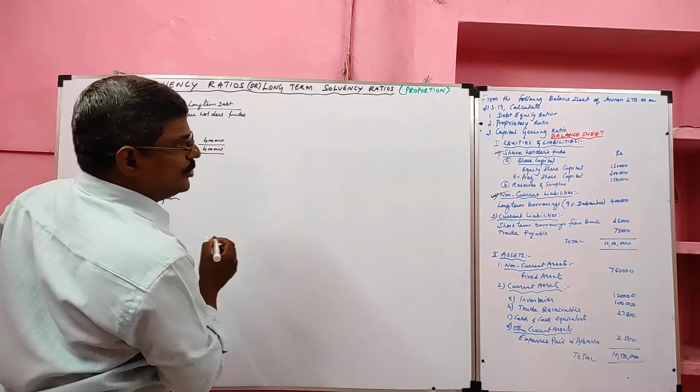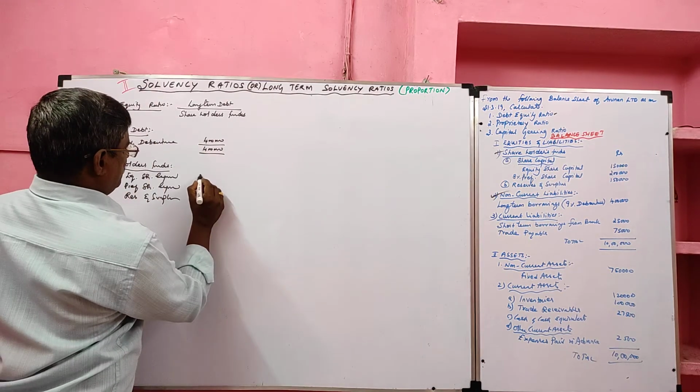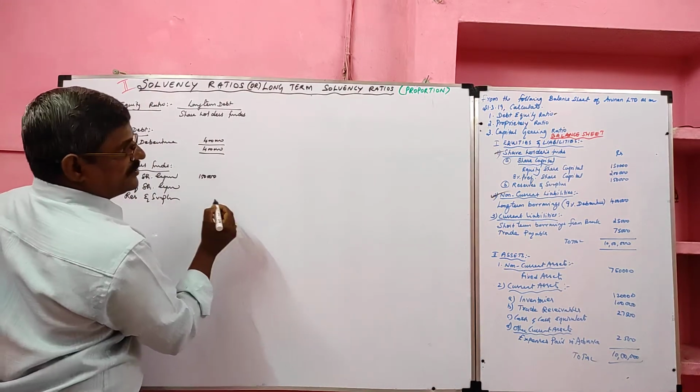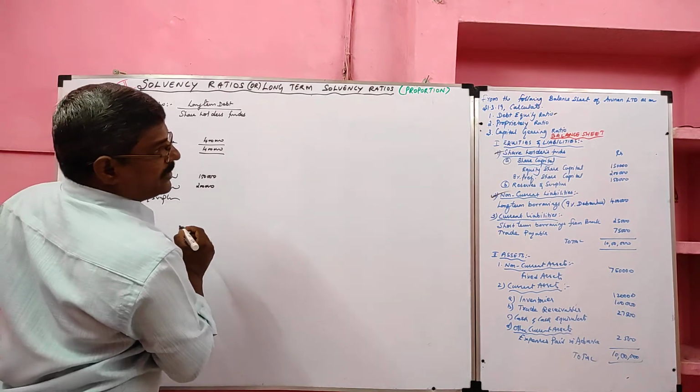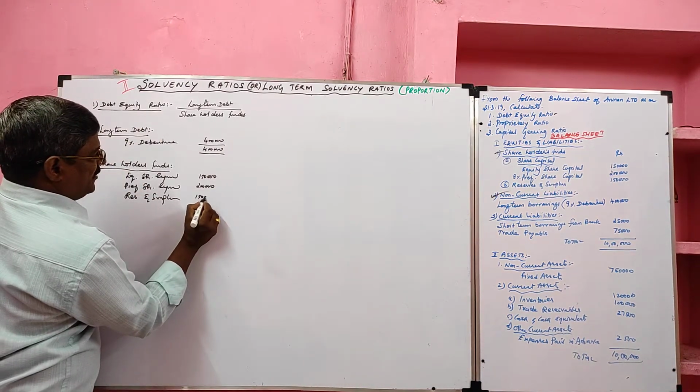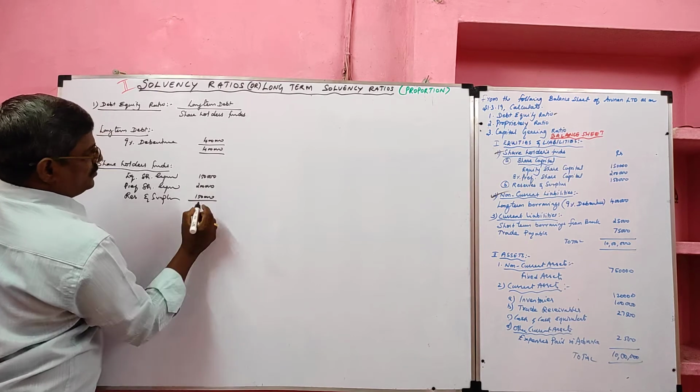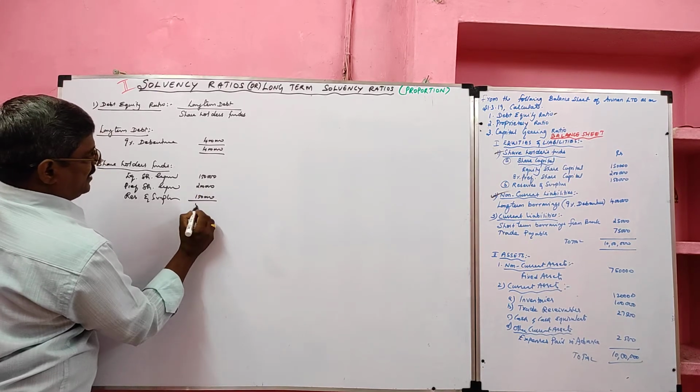Equity share capital value 1,50,000. Preference share capital value 2 lakh. Reserves and surplus value 1,50,000. So 3 lakh, 3 lakh, 5 lakh.